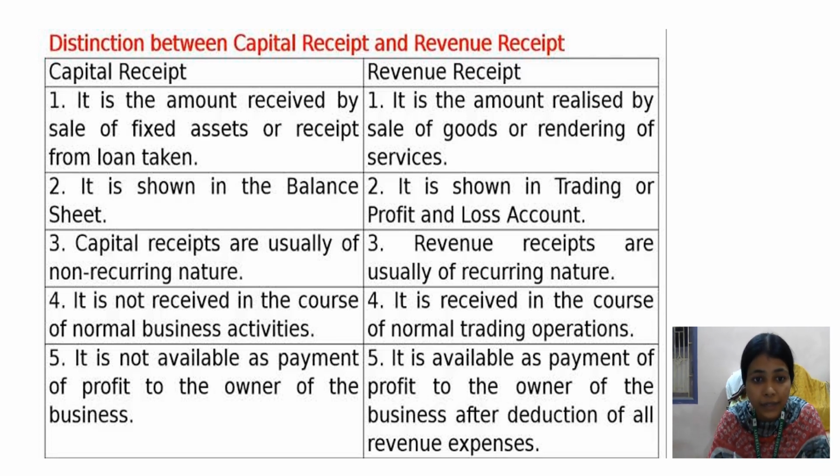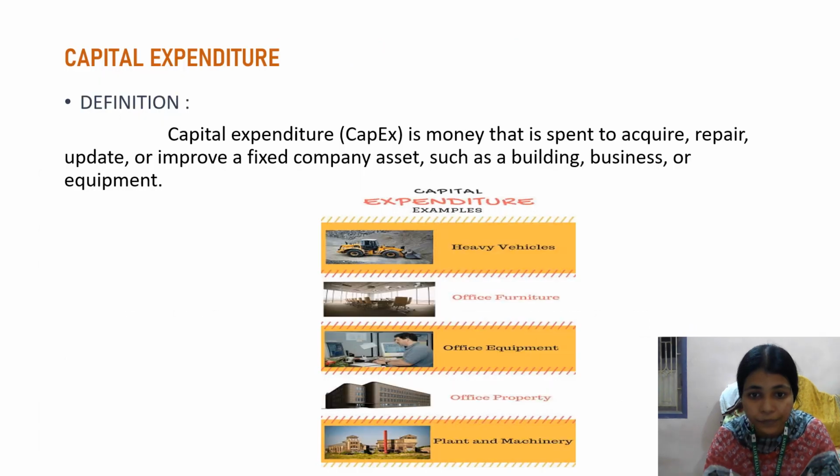Capital receipts are usually non-recurring in nature, while revenue receipts are recurring. Capital receipts are not received in the course of normal business activities, while revenue receipts arise from normal trading operations. Capital receipts are not available for payment of profit to the owner of the business, while revenue receipts are available for payment of profit to the owner after deduction of all revenue expenses.